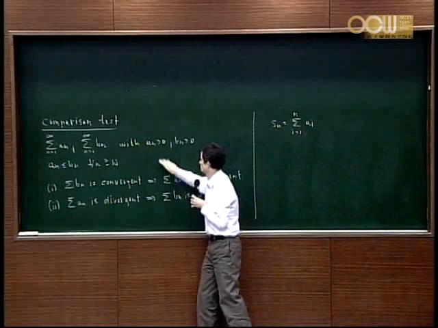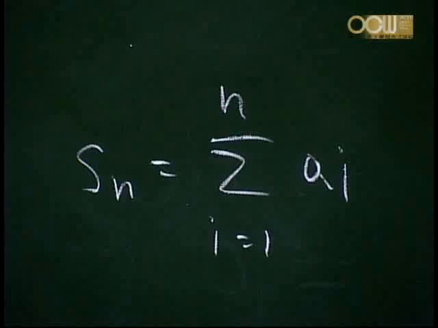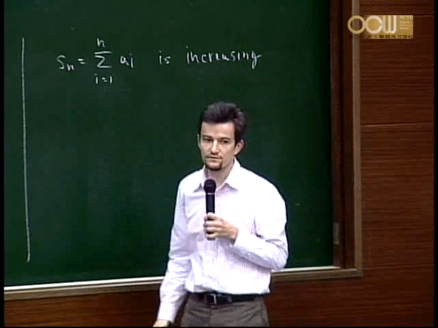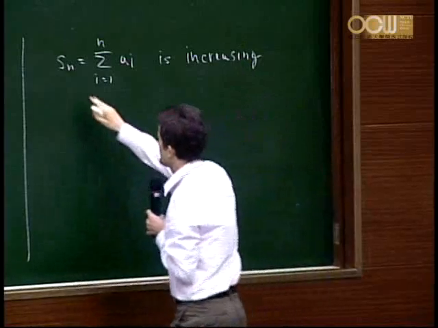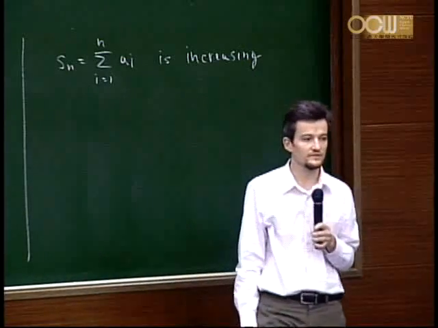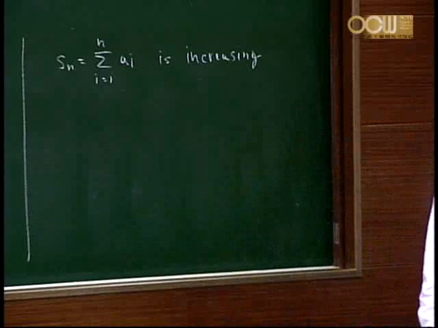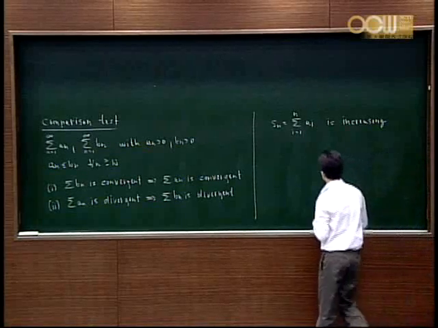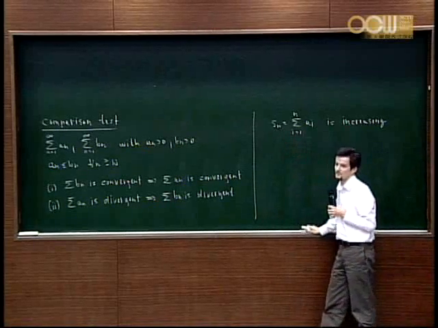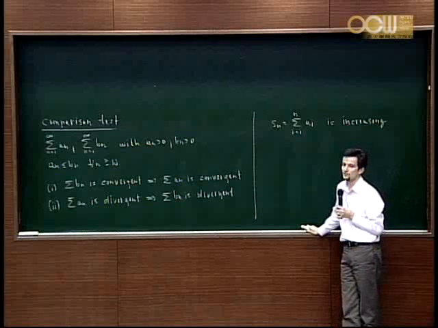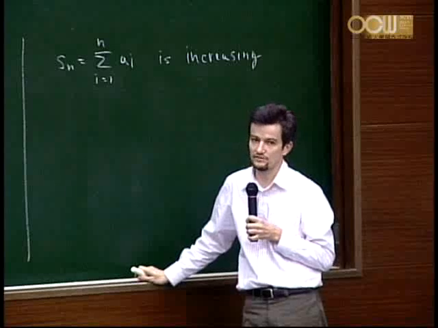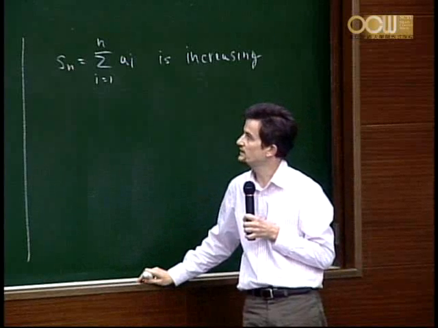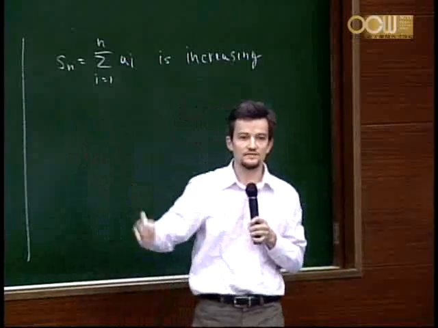And if we have a sequence which is already increasing, the only thing we have to prove in order to understand whether the sequence is convergent or not is that the sequence is bounded from above. So there are only two possibilities, either convergent or divergent, but for divergent there is only one possibility, namely that Sn tends to infinity as n tends to infinity.